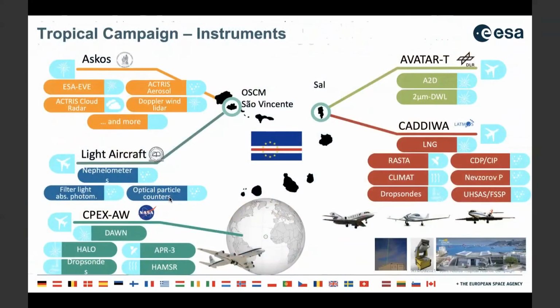The campaign has 4 aircraft: the NASA DC-8, obviously, and then the German Falcon and French Falcon, and a small aircraft from Slovenia. Then we also have Greek agencies with a land-based observation in Cape Verde.